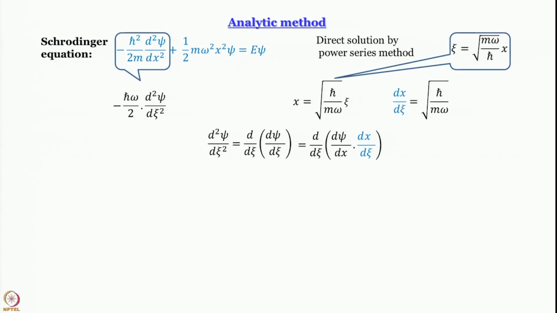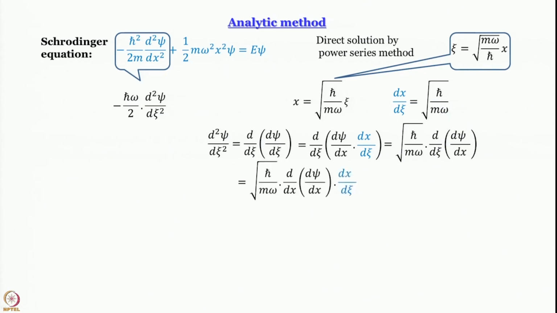Then we differentiate it with respect to xi once again. We know what dx d xi is, that is a constant, so let us bring the constant out, and we are left with d d xi of d psi dx.